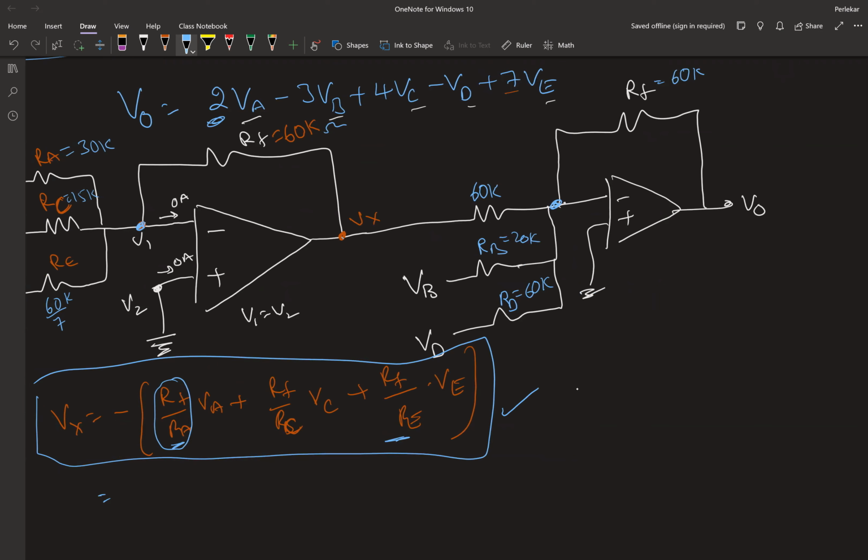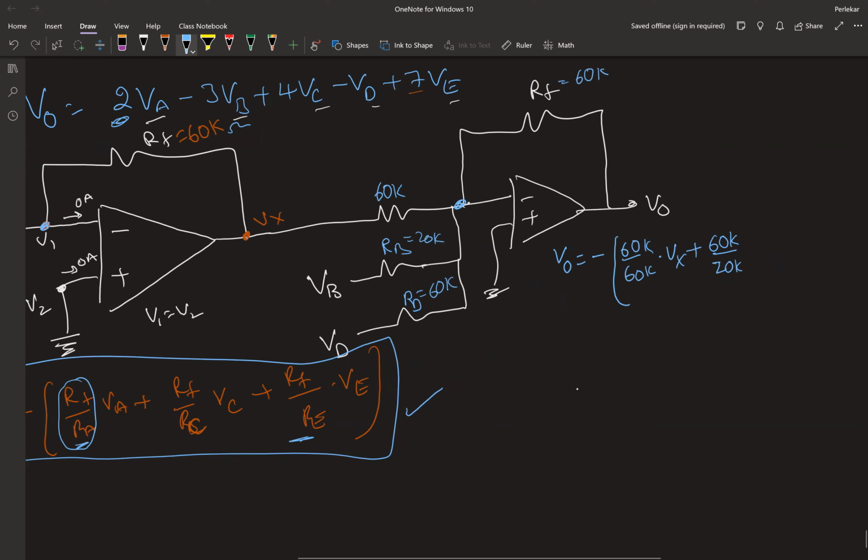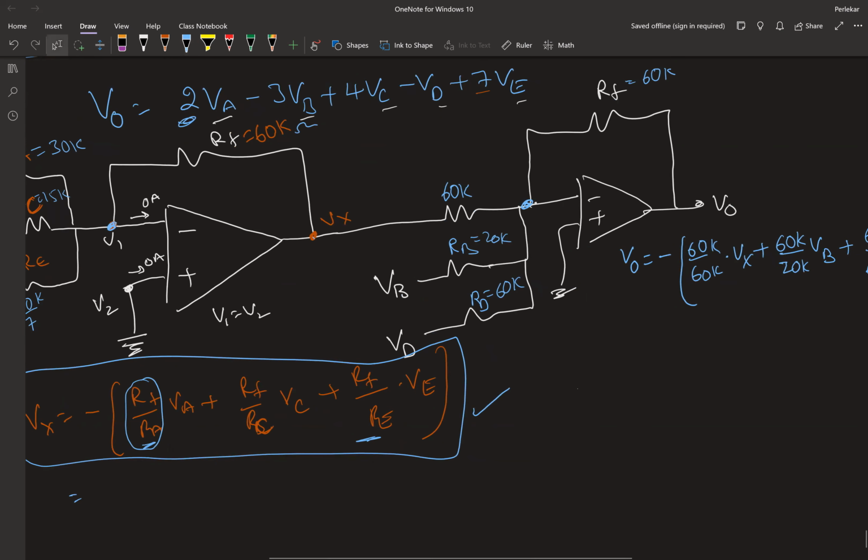So V0 is equal to negative of 60K divided by 60K times Vx plus 60K divided by 20K times VB plus 60K divided by 60K times VD. So 60K divided by 60K is 1, but I already know Vx.